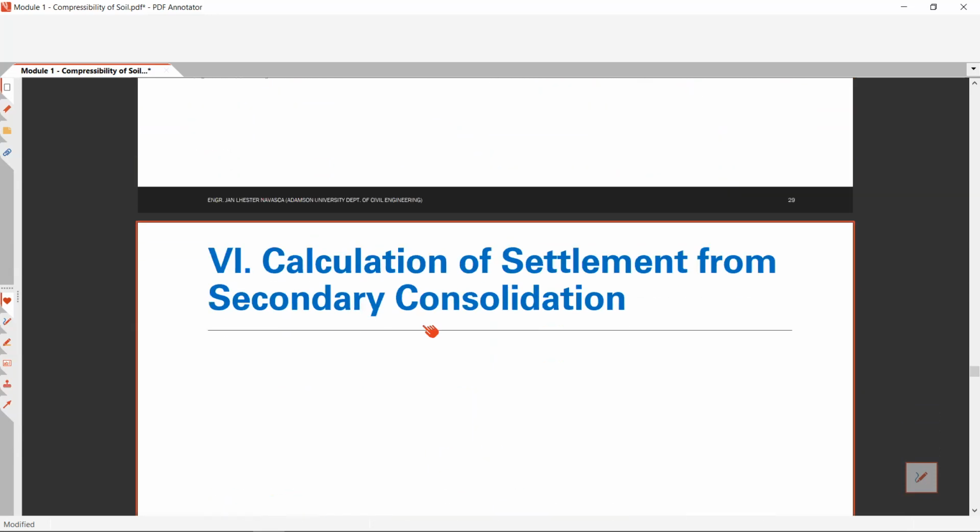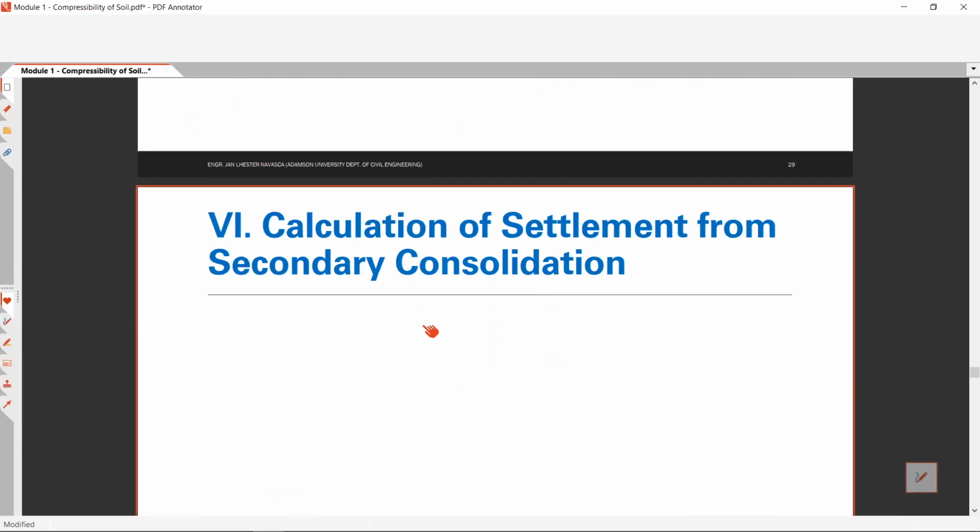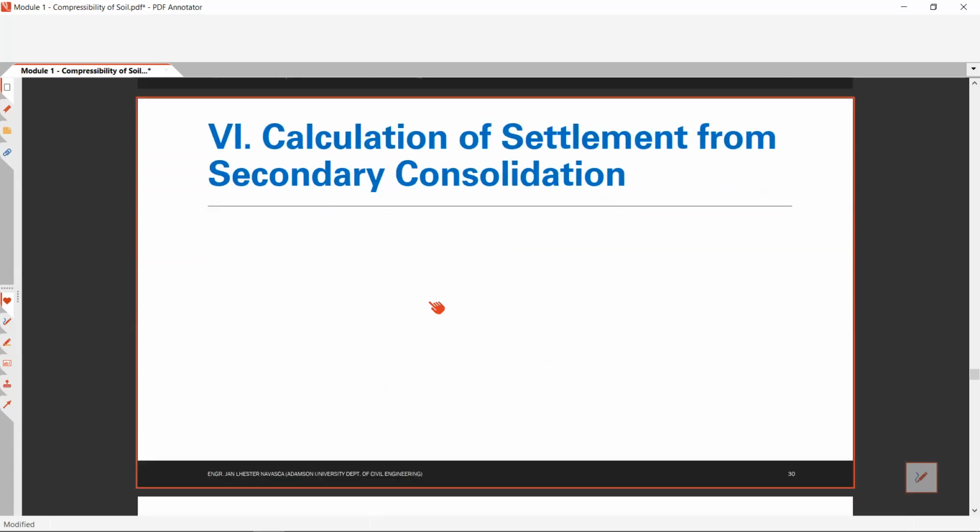Okay. So, calculation of settlement from secondary consolidation. For secondary consolidation, this is the time when our soil fabric adjusts. Since most of the water has been squeezed out, the soil fabric adjusts. This is called secondary consolidation.